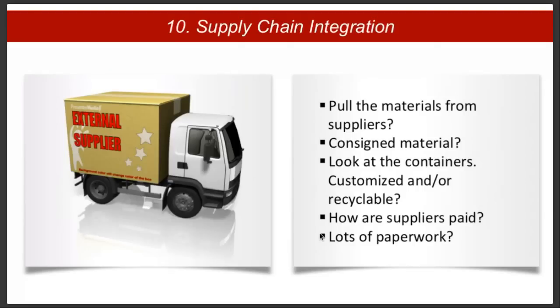Now, the supply chain. This is a place where I see folks putting the cart before the oxen. Incorporating, bringing the supplier onto your supply chain is a great thing. It really is. But it should not be the first thing you do. You need to have your house in order.